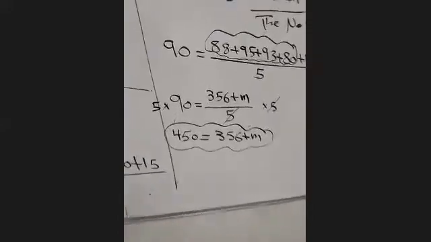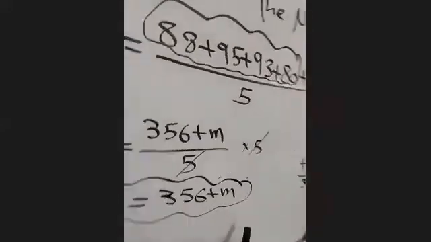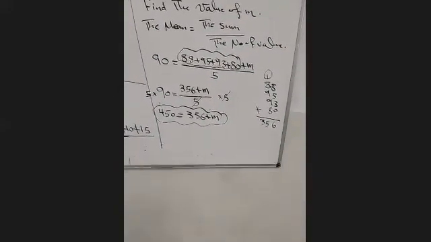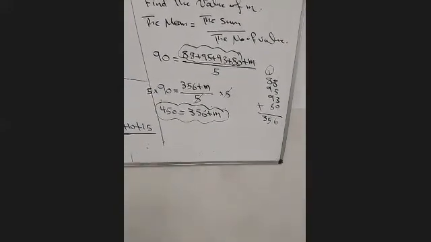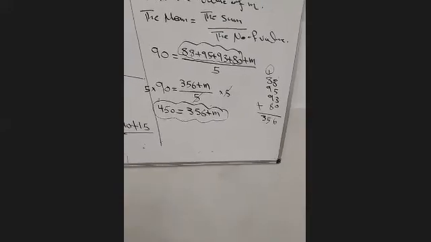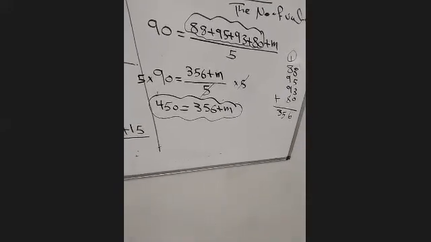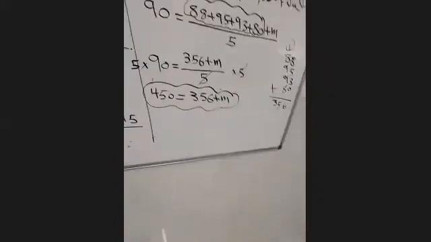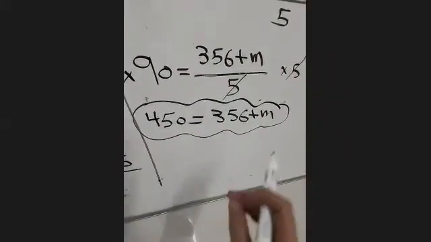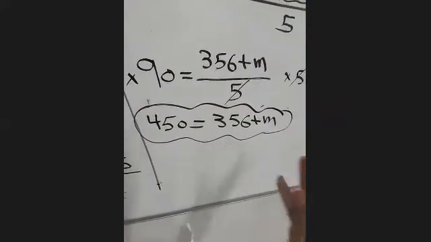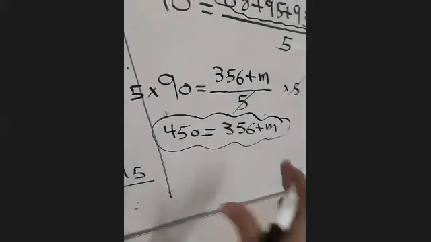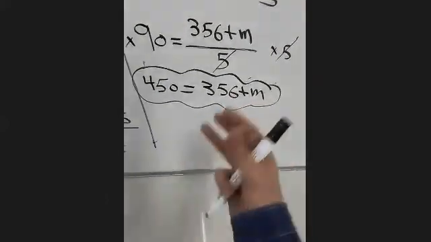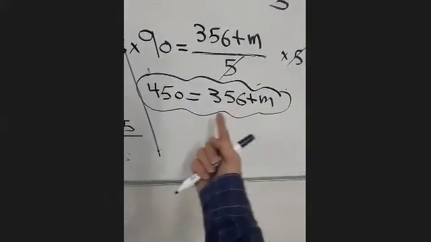This is an addition equation. Now look, how do we do an addition equation, remember? We subtract the connected number, which is 356, from both sides. Remember, guys, chapter 1, I think. I don't know which one, but we did that too much. So it is an addition equation, and the connected number here is 356.